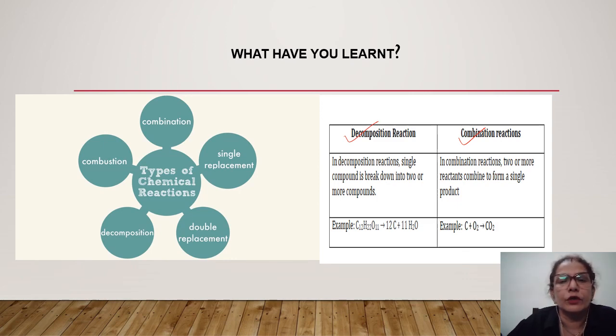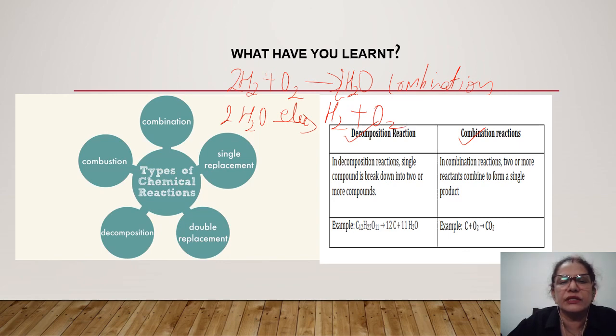So if we see here, H2 plus O2 gives H2O. So this was a combination reaction. Now, if I make this 2H2O in the presence of electricity gives 2H2 plus O2, don't you think it is the reverse? Yes, it is the reverse.